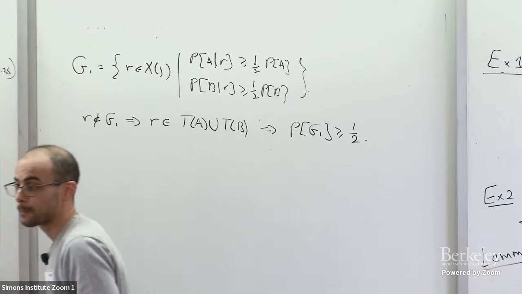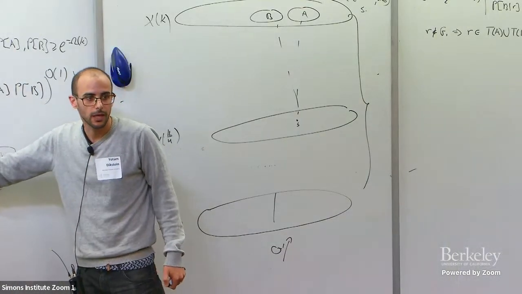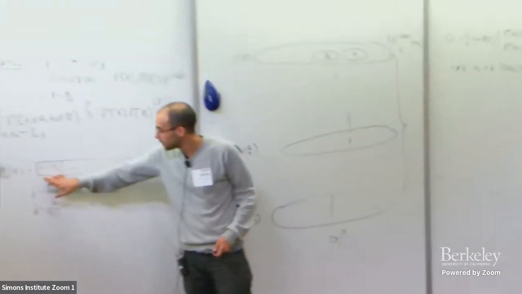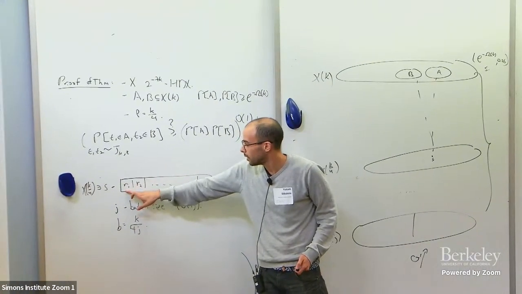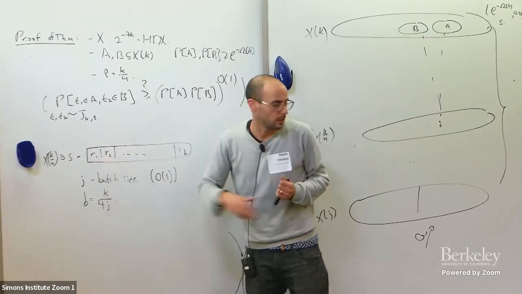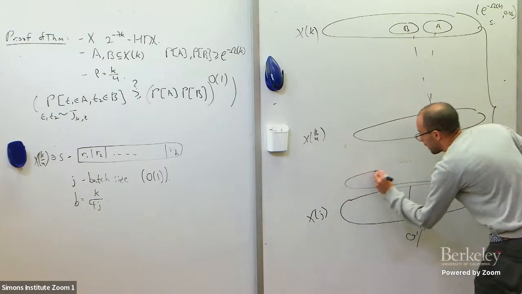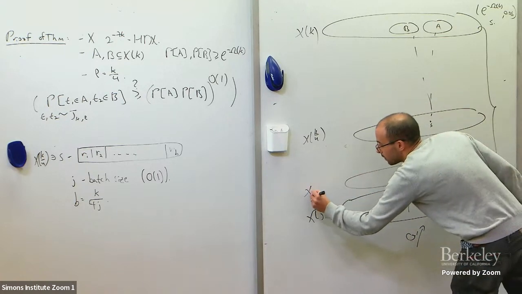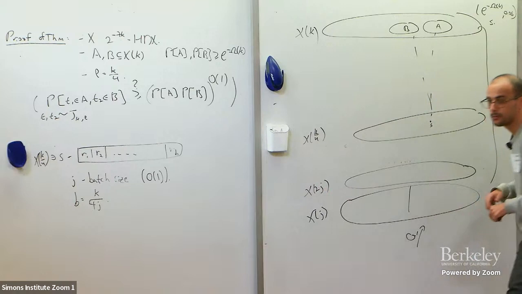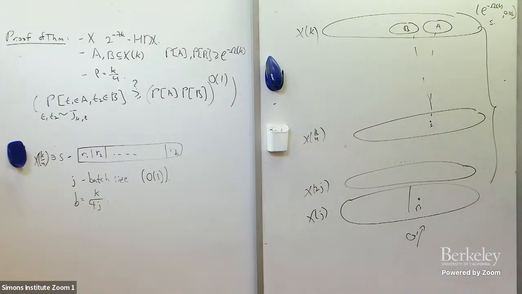Here's G1. What about the next R vertices? Now I've sampled one subset of vertices. I still haven't gone all the way, but now I'm only worried about sampling the next R vertices. So now we're looking at x_{2j}. We've already sampled R1. Hopefully it was in this good set.